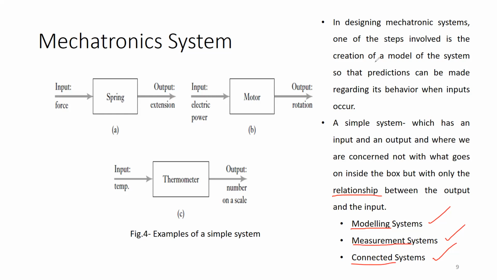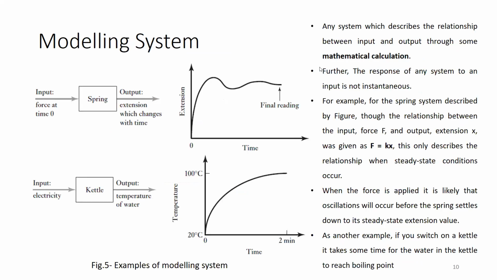So let us now see what all these systems are, starting with the modeling system. What is a modeling system? In simple words, a modeling system is one having a mathematical relationship between input and output.